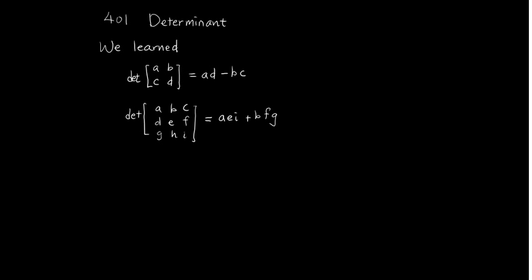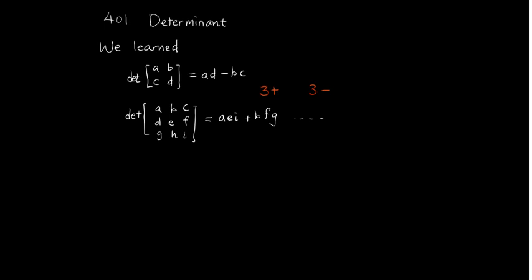I guess I don't want to write that, and you don't want to write that either. I'm pretty sure you know what it is. The point is that you have 3 pluses and 3 minuses here, right? So for the determinant of 3 by 3 matrices, you have 3 pluses and 3 minuses.